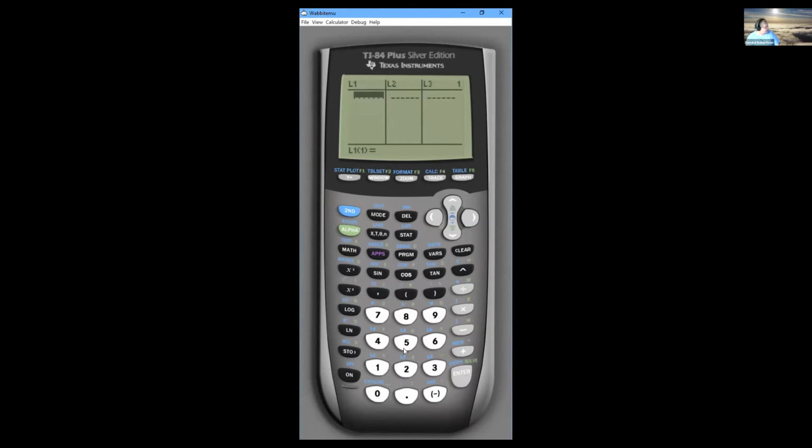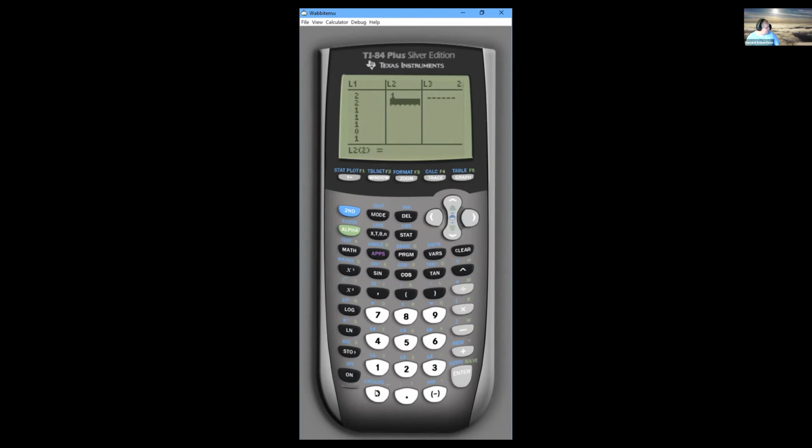And the data for the guys was 2, 2, 1, 1, another 1, a 0, a 1, and a 0. And over here, I might as well put in L2 what the females are.